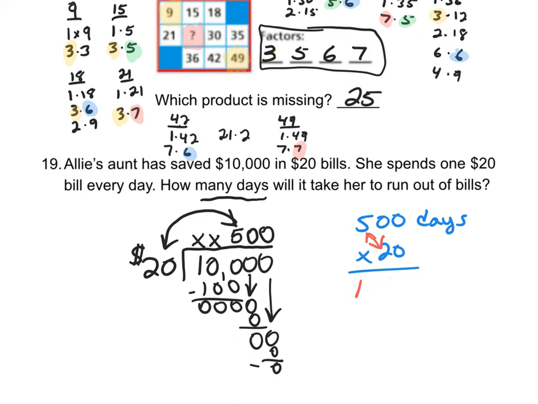And then we can add the zeros that we have remaining on. 1, 2, 3. Let's do that in green. 1, 2, 3. So 500 days at $20 per day would give us our dividend, which is $10,000. So that's simply a division problem.